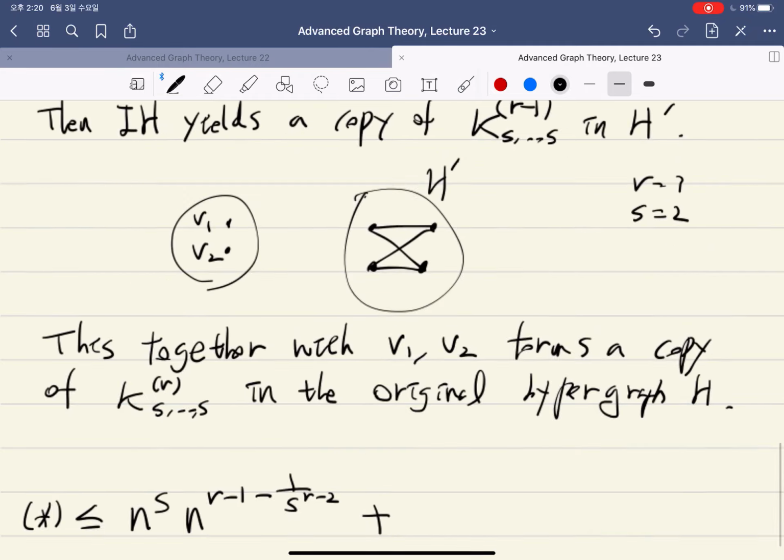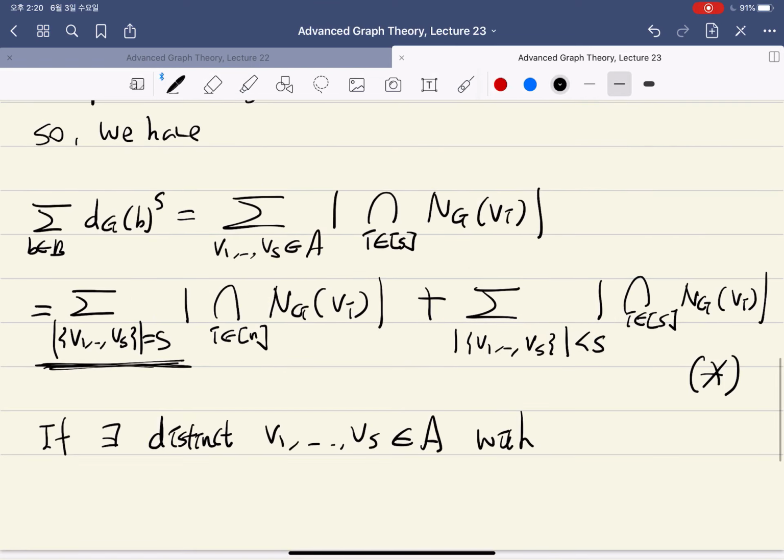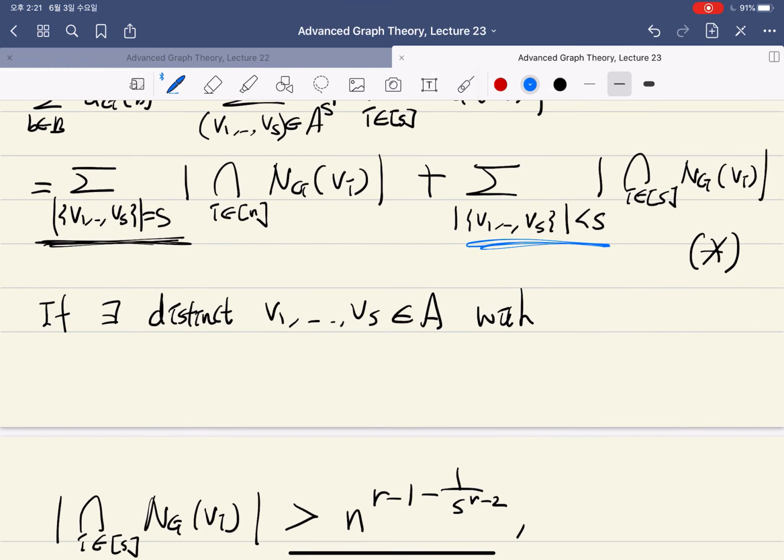And the second term is, so you want to count the number of all tuples which have repetitions. So we can write this as this. How do you do it? We just want an upper bound on the number of such terms. So you choose i and j from 1 to s, which are different, and then we want to make vi and vj the same.